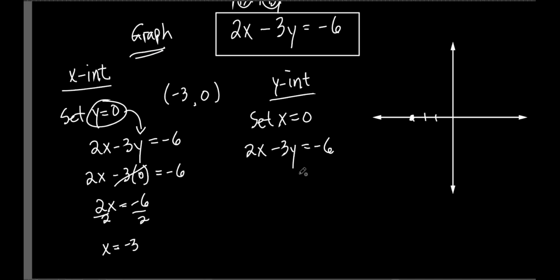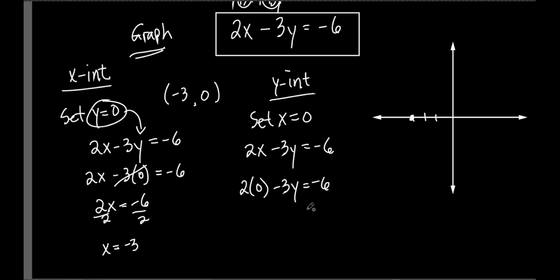All right, so let's do this. Set x equal to 0. So where's my x? It's right here, isn't it? So what am I going to make that? I'm going to make that a 0. So it's 2 times what? 0. And let's just write out the rest of the equation. So it's minus 3y equals negative 6. What am I going to solve for? What's the only letter here now? 3, that's a letter.